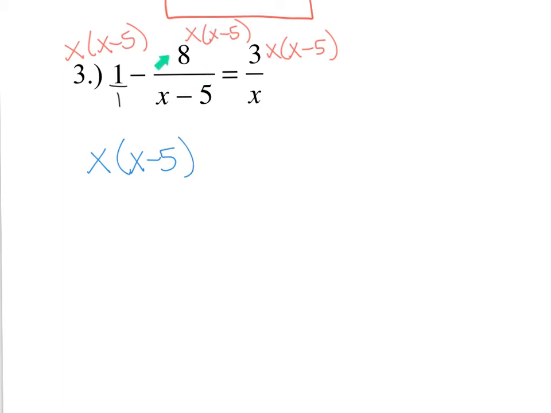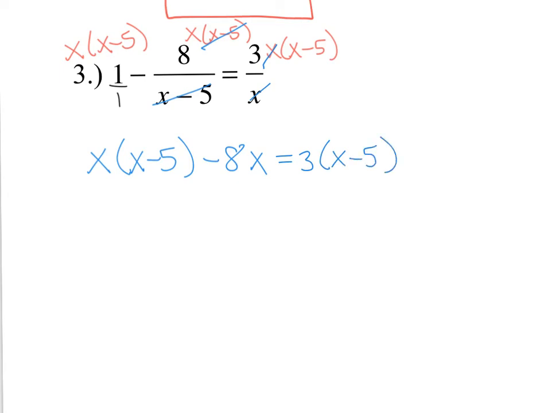In the center fraction, our common factor is the x minus 5. And that will leave us the 8 times x. And on the far right side of this equation, the common factor that cancels is the x. And that leaves you 3 times x minus 5.